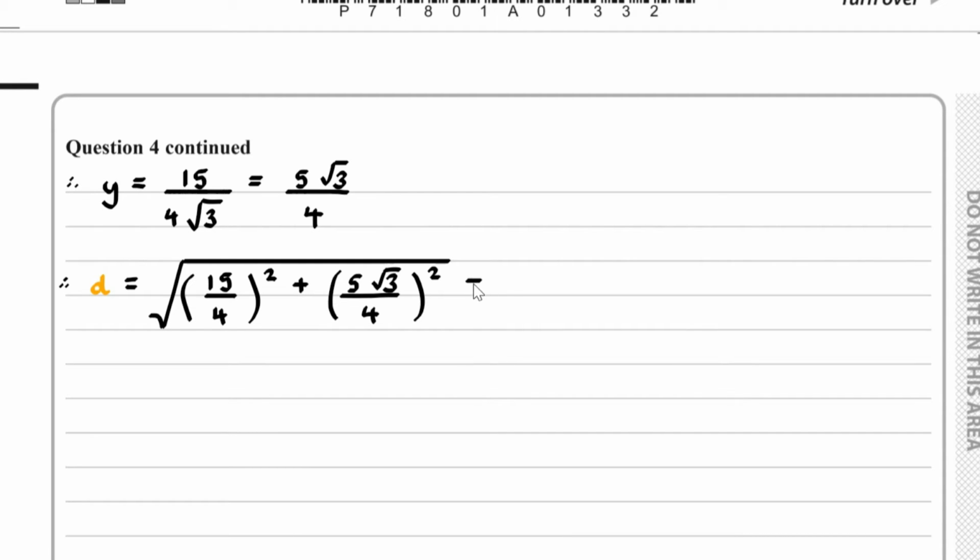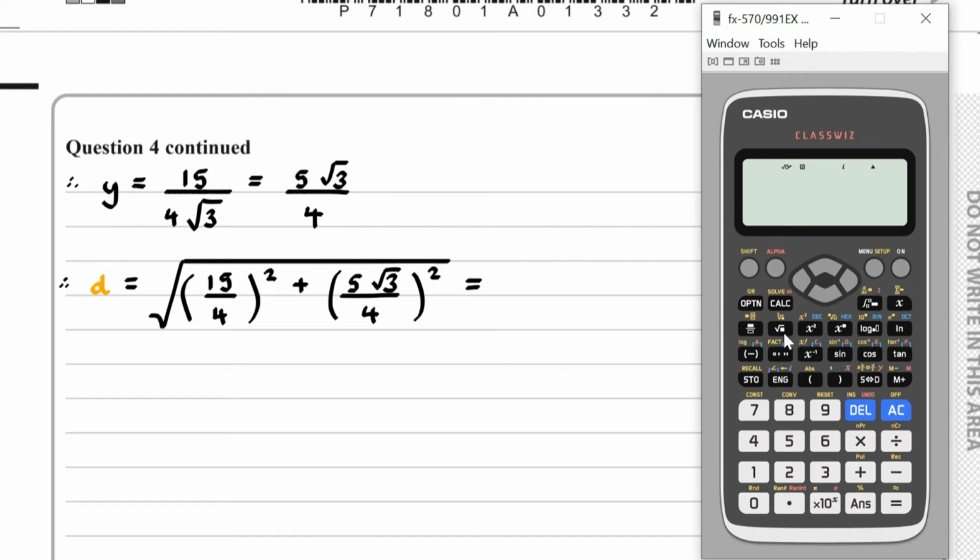So if I work out what this is, I've got 15 over 4 squared plus 5 root 3 over 4 squared, and it turns out the distance is 5 root 3 over 2.